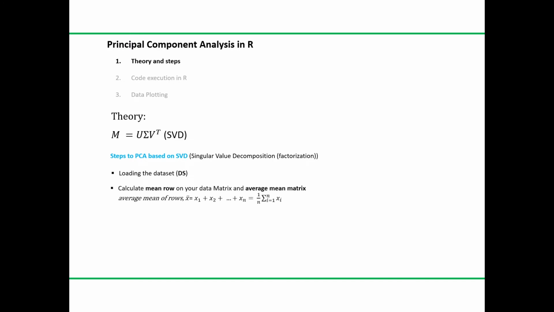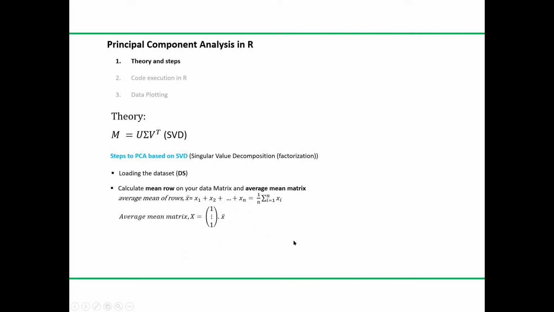The first thing is the average mean of rows of your data set or data matrix, which is actually the common arithmetic mean. The next one is the average matrix of your means. You have to compute this as well, and you can compute it with the multiplication of your average mean and a vector of ones.